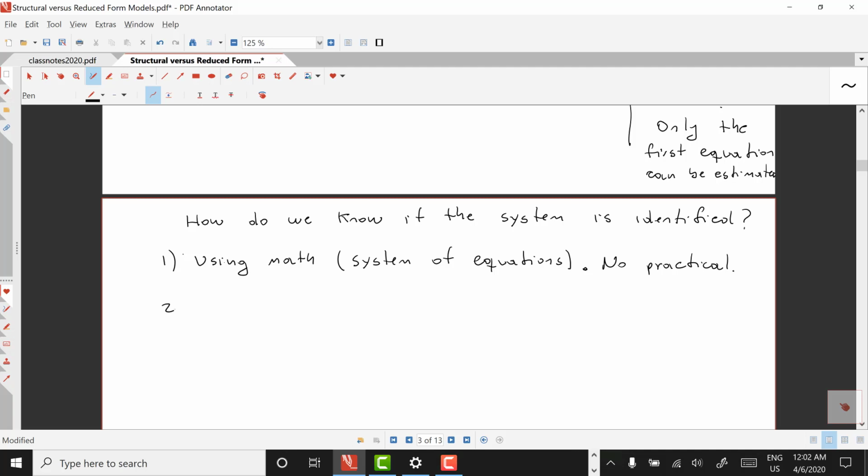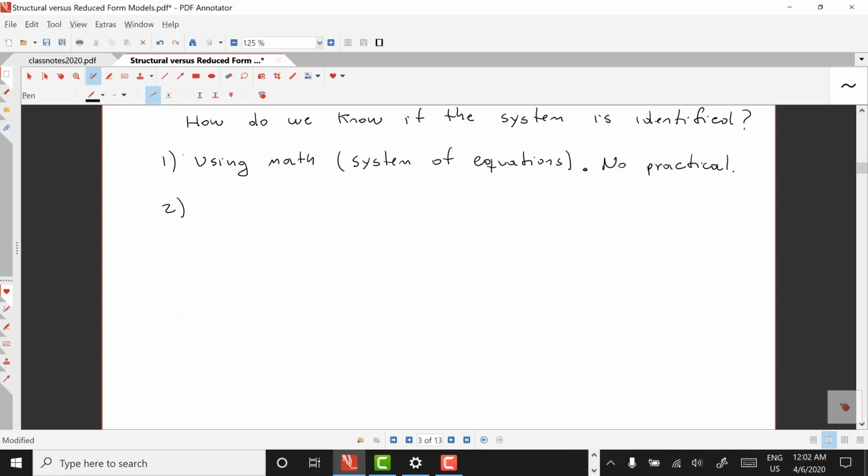The second way to do it is just checking formal mathematical conditions. There are two conditions.